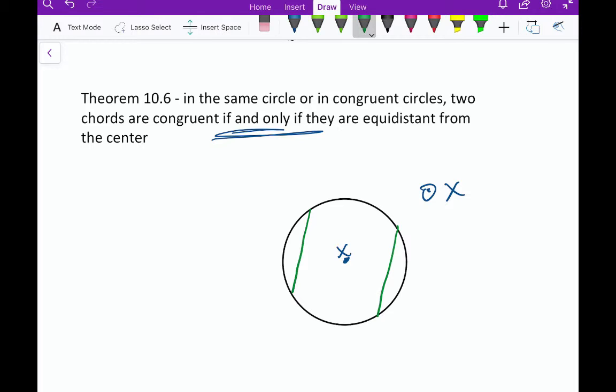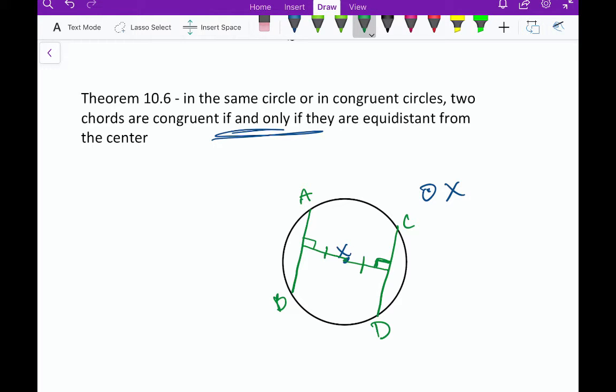What that means is that from the chord to the center of the circle, there has to be a right angle there. Because when I say equidistant, I mean the shortest distance, which has to be at a right angle. So again, those have to be right angles there, and these segments have to be congruent. If those are congruent, then chords AB and CD are congruent chords.